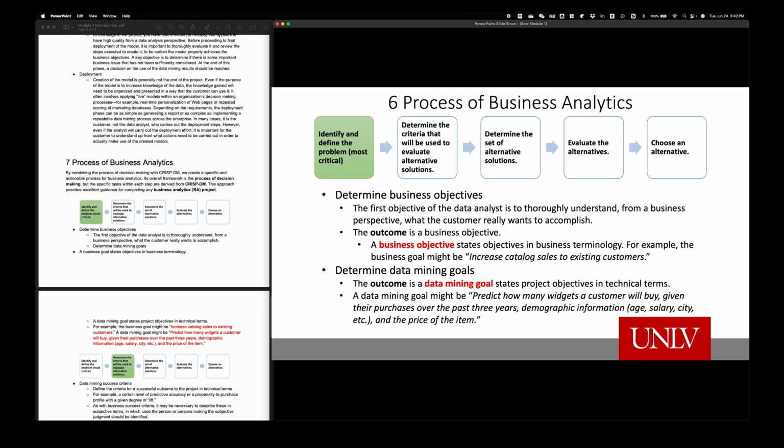It guides data analysts and data scientists on exactly what model, pattern, or prediction needs to be developed. Thus, the business objective defines the why, and the data mining goal defines the how. And it is important to clarify the business objective and data mining goal before you start a business analytics project.